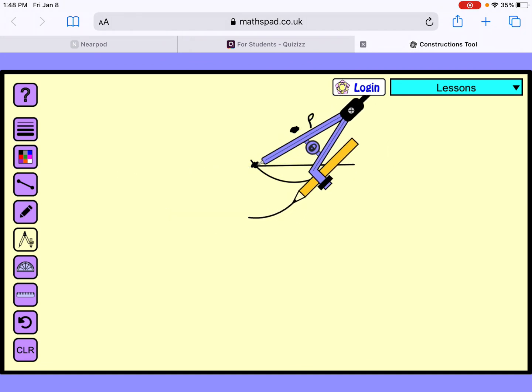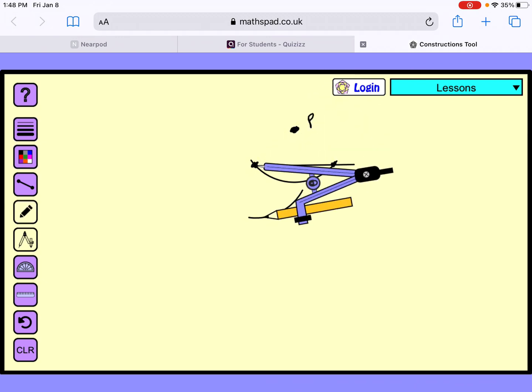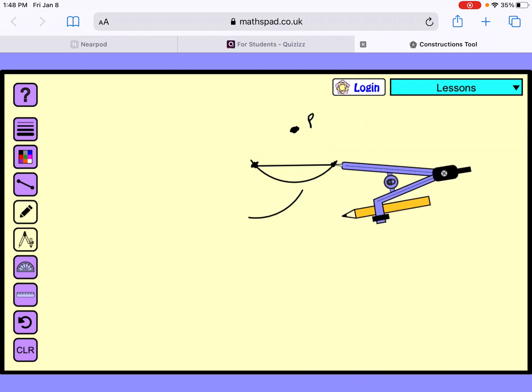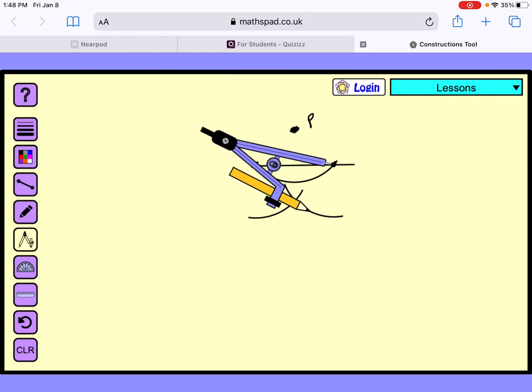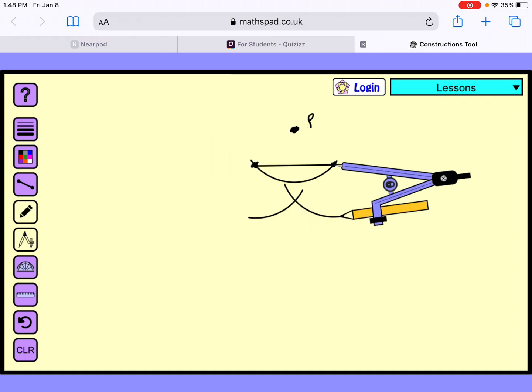And then we want to draw another arc right there, and then on our other point over there. And now we have created another intersection right here, and using our point from the top and the intersection of those arcs, we should have made a perpendicular line.